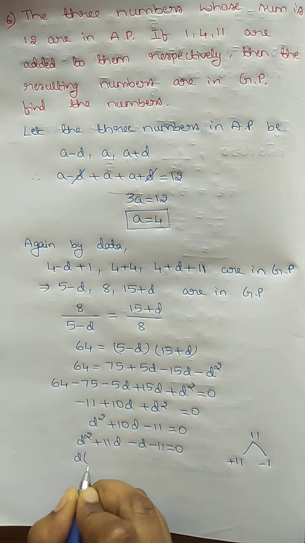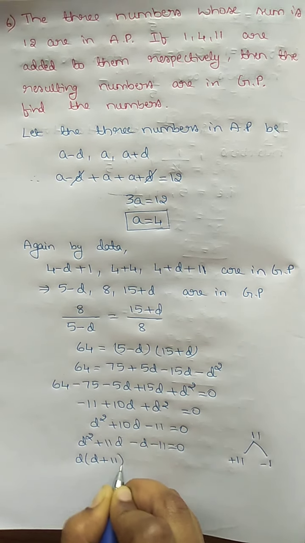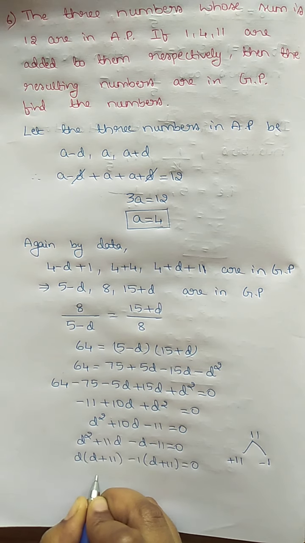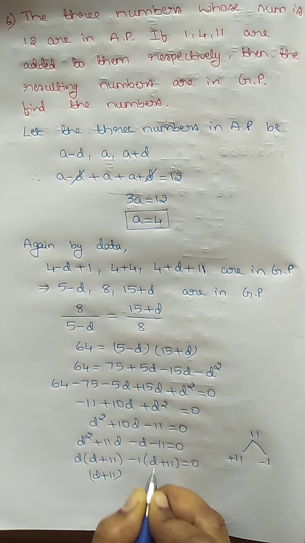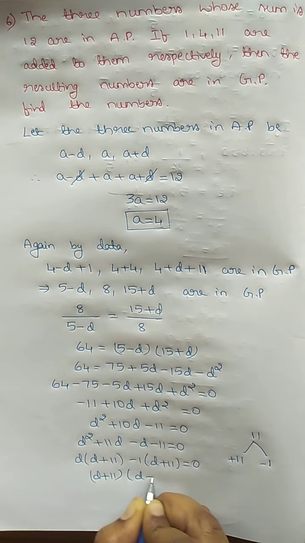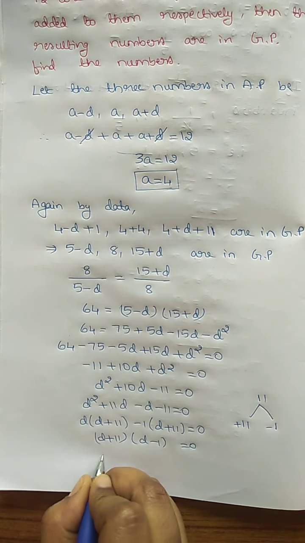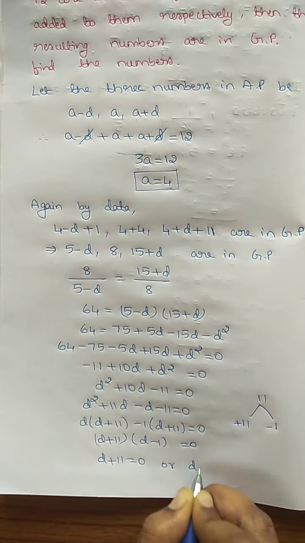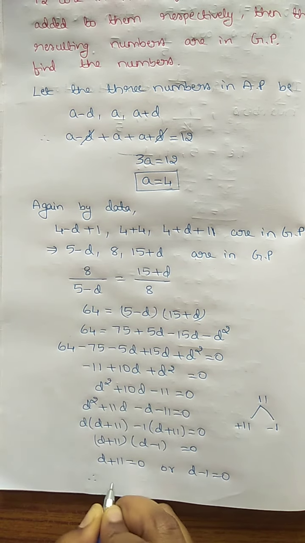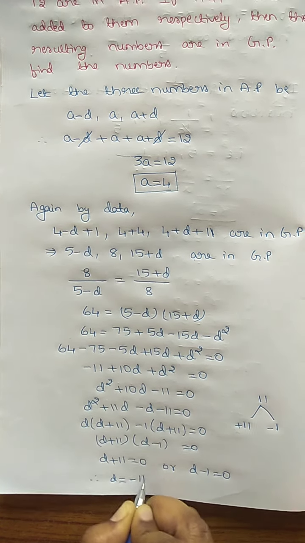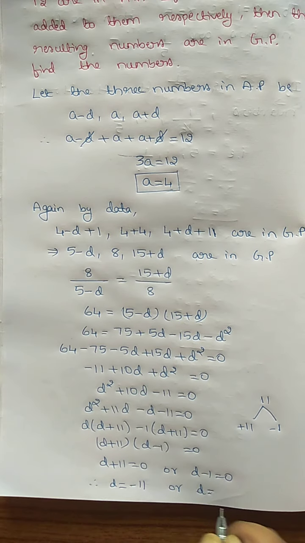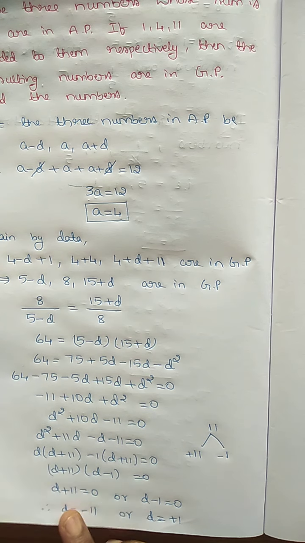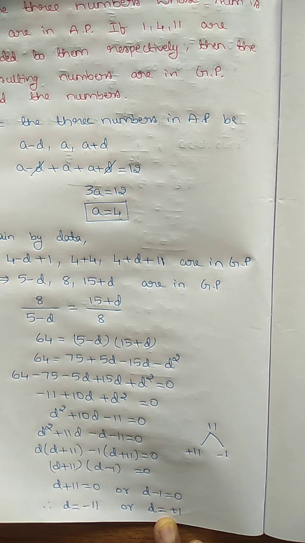In these two terms d is common, d plus 11; in the other two, minus 1 is common, d plus 11. d plus 11 is a common term in these two, next d minus 1 equals 0. Therefore, d plus 11 equals 0 or d minus 1 equals 0. Therefore, d equals minus 11 or d equals plus 1. Here also you will get two values, d equals minus 11 and d equals plus 1.